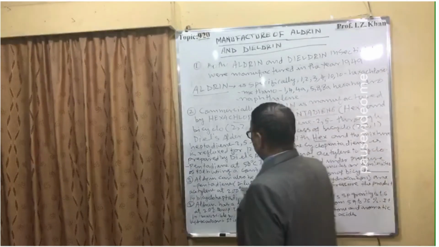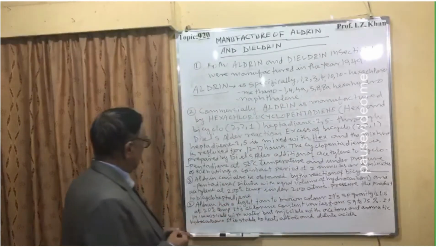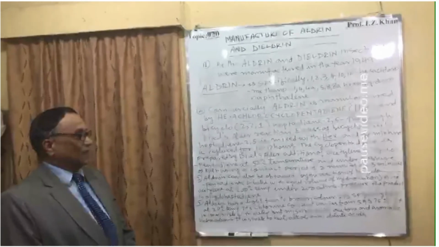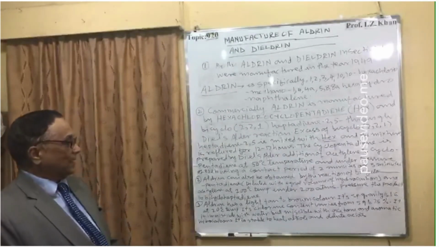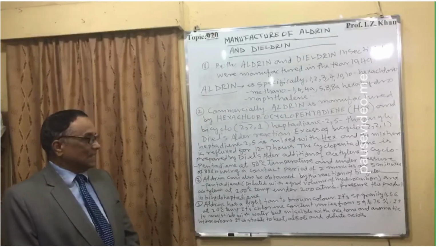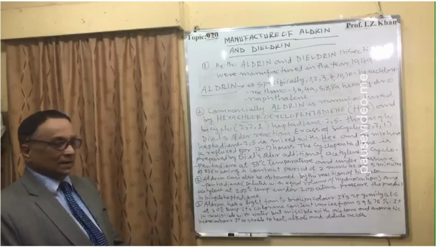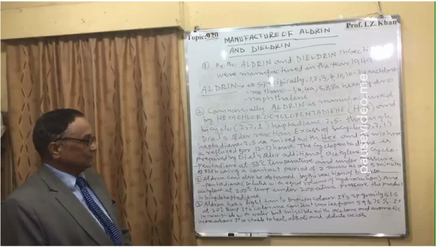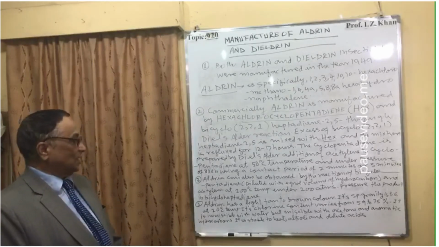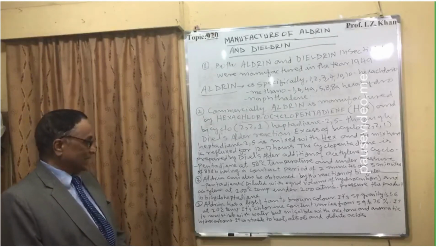So bicyclopentadiene is diluted with an equal volume of hydrocarbon and reacted with acetylene at 200 degree centigrade temperature and 200 atmospheric pressure. The product is bicycloheptadiene, that is your ALDRIN.